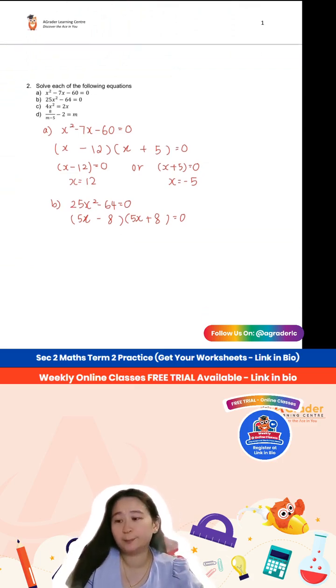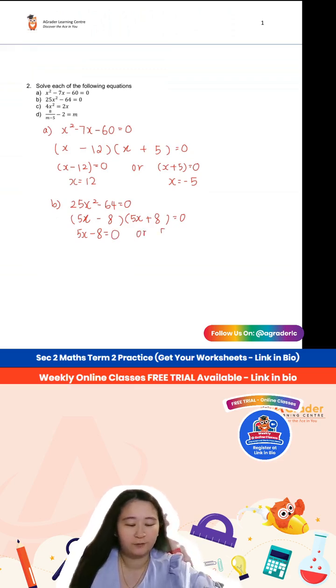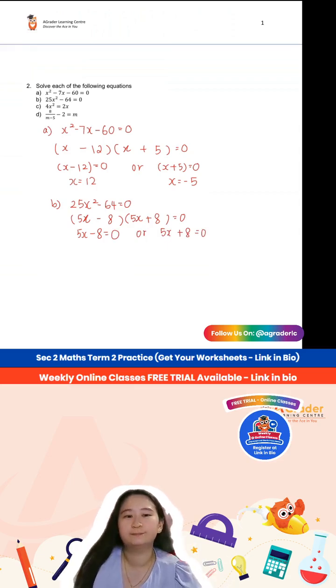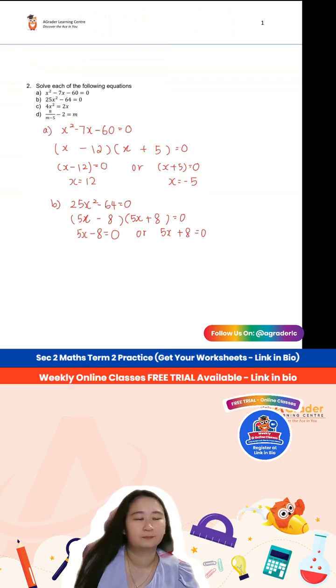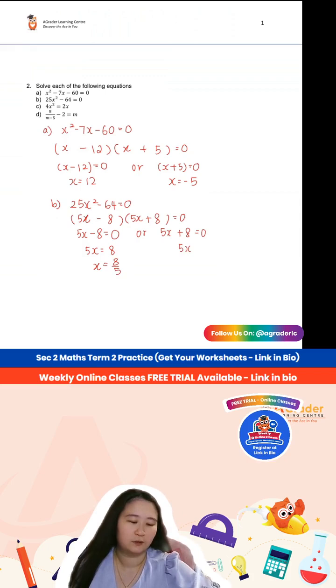Same thing, we can apply our zero product principle here. So 5x minus 8 equals to 0, or 5x plus 8 equals to 0. So 5x equals to 8, x equals to 8 over 5. Or 5x equals to negative 8, x equals to negative 8 over 5.